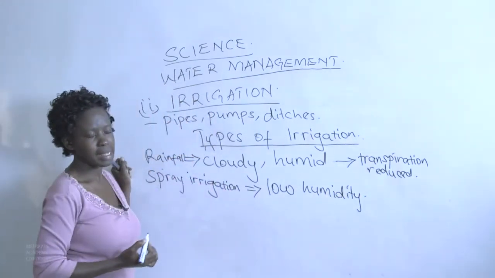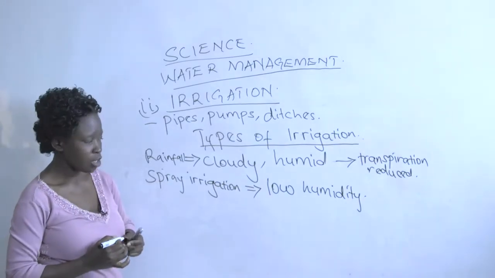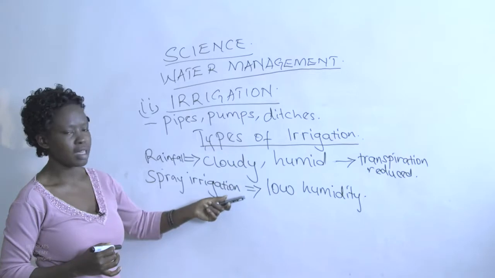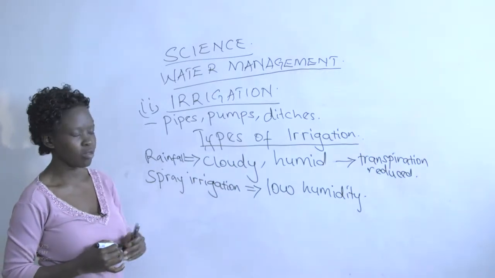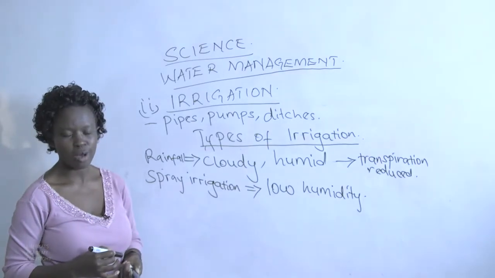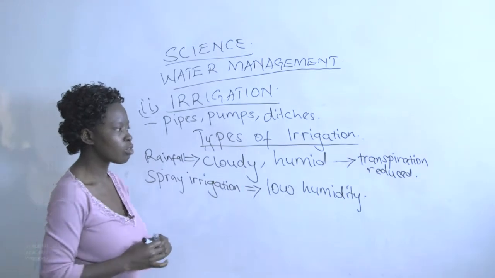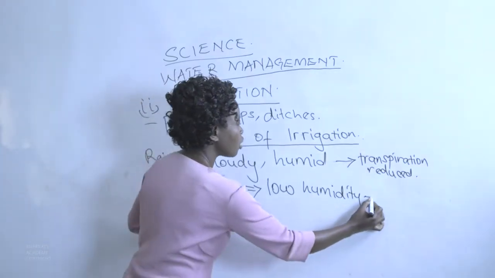So as spray irrigation is taking place, you find that a lot of water is being lost into the atmosphere because the temperatures are high and humidity is low at the same time. So a lot of water is then lost into the atmosphere through evaporation.